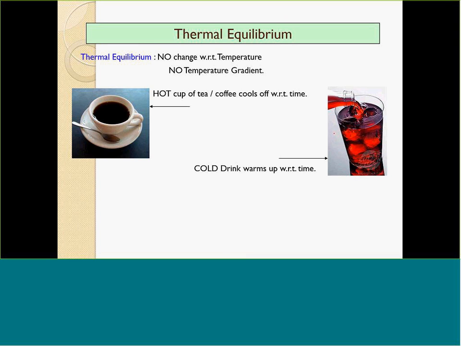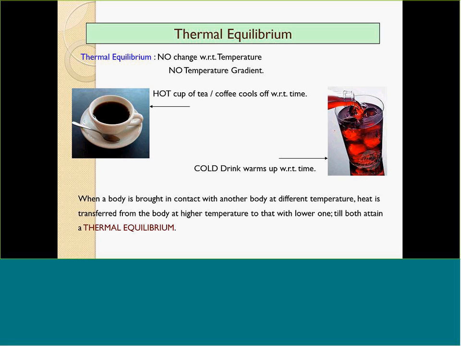I already discussed this thermal equilibrium. Sorry about that. When we have thermal equilibrium, it means there's no change of temperature, no temperature gradient, so it will be stable at a certain phase.